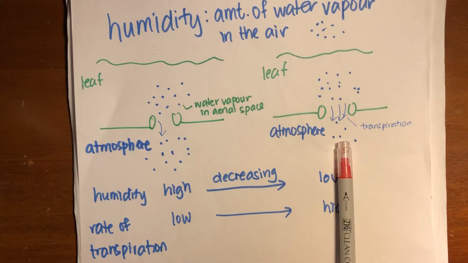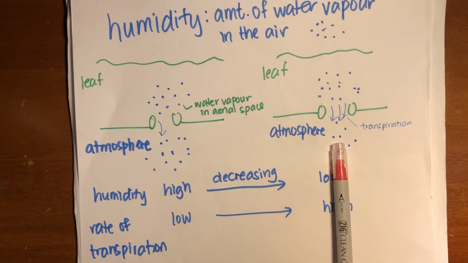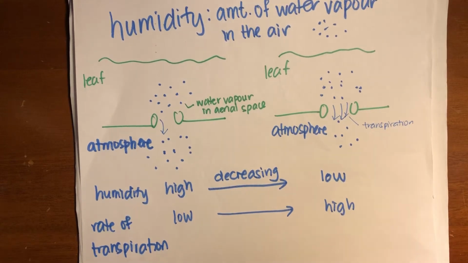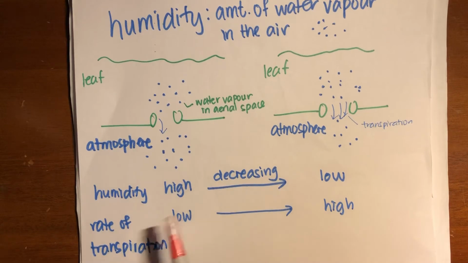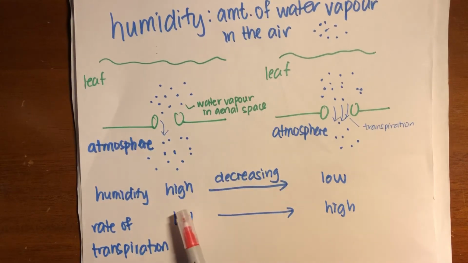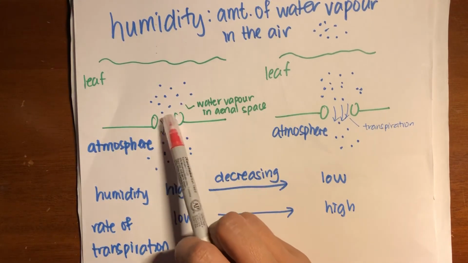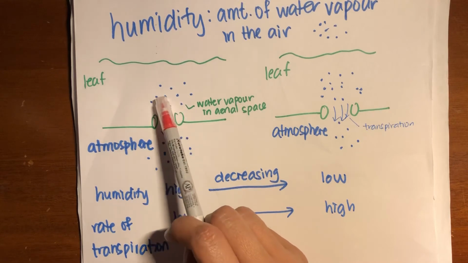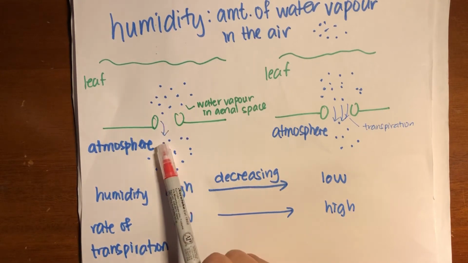So what this will affect is the rate of transpiration. Transpiration means the loss of water vapor from the aerial parts of the plant.